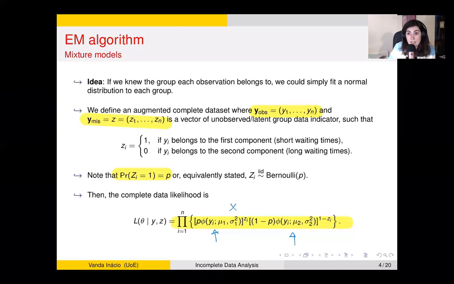And I know that Zi is 0 when yi comes from the second component. And the good thing is that by using the latent variables, the Z's, they are latent because I do not observe them in my data set. I do not know whether an observation is coming from the first or the second group. I can write my likelihood as the product of the two distributions. I don't have the sum, and this will simplify my log likelihood and my calculations.